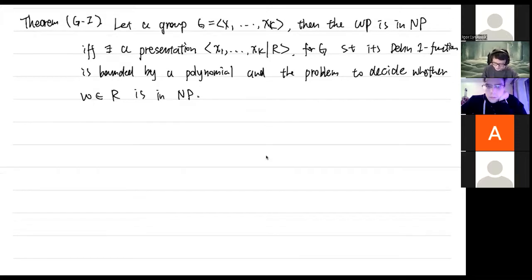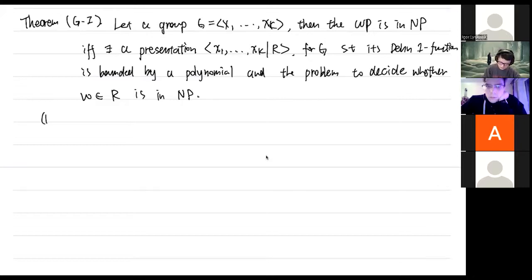But this is much simpler. We don't have to embed such things, and we can directly derive from this condition that the word problem is in NP, and we know the Dehn function is bounded by a polynomial. So that's pretty nice.